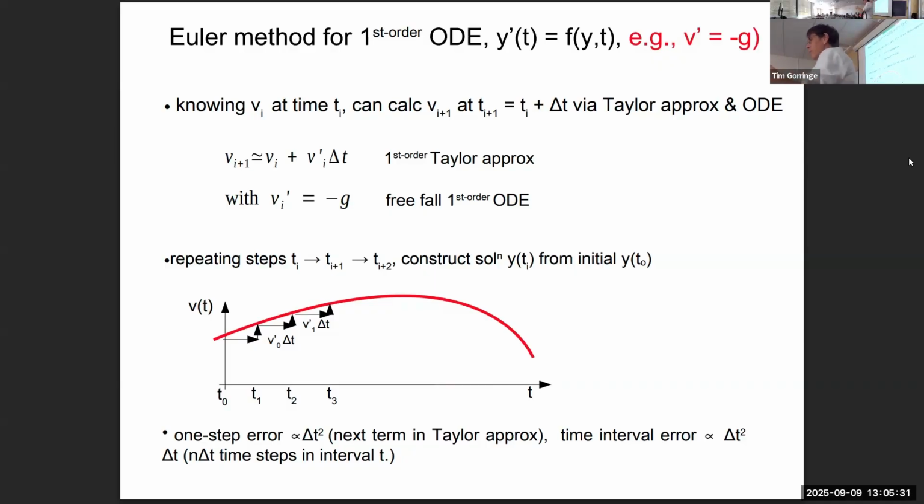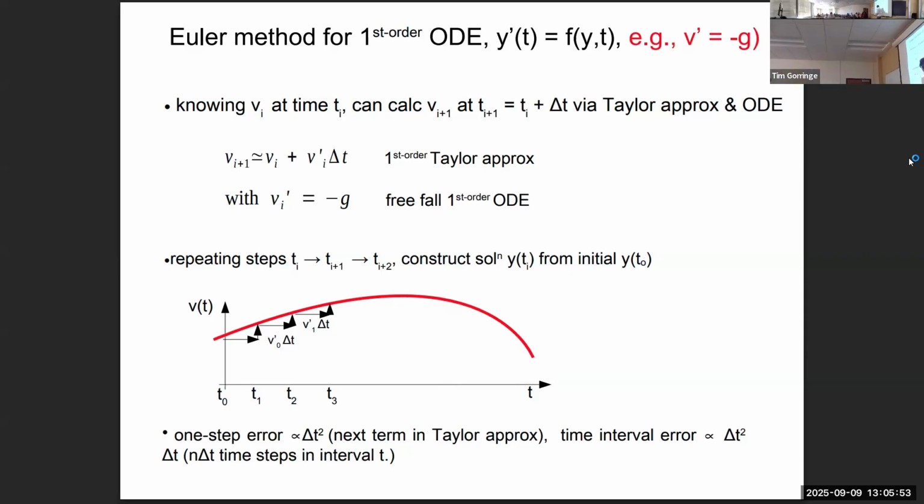But what's important about recognizing that we're doing that is it tells you how to estimate the errors that you would make in just taking the first term in the Taylor expansion, because you can look at the second term in this Taylor expansion and ask, well, what sort of error does that make?